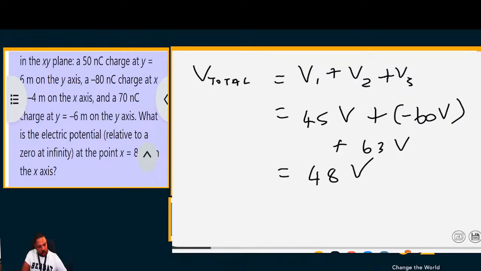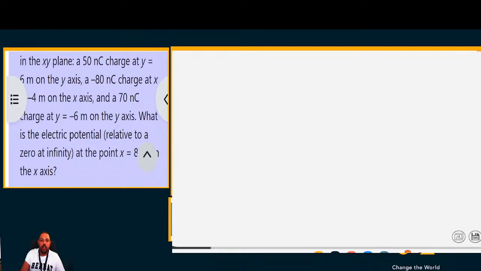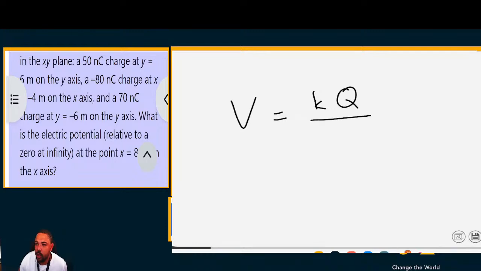Okay. Question number 12. Let's look at what it expects of us. What do we need to know? The takeaway from this question is that electric potential is equal to K, Coulomb's constant, multiplied by the charge. This is the electric potential due to a singular charge.